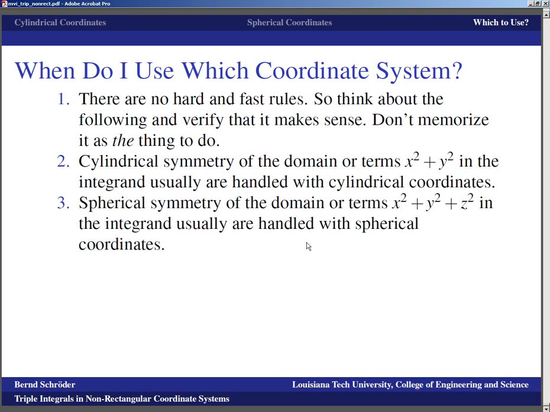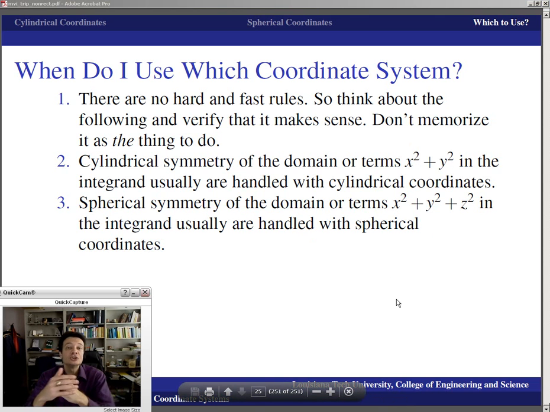Now, you could set up something that has spherical symmetry in terms of x squared plus y squared, because that's something you can model in spherical coordinates. You can probably also go conversely. Things would just get more complicated, but usually it's at least a good idea to first check these coordinate systems in these respective situations.